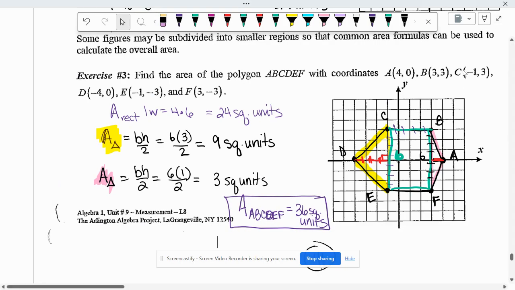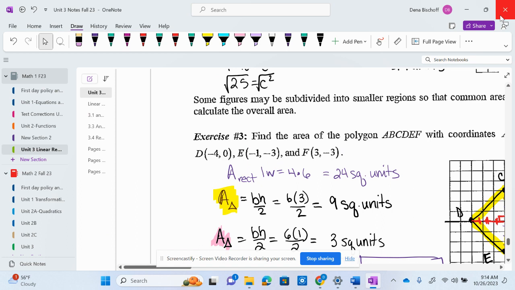Do you guys feel okay with that one? 2 more examples on the back. Flip over.